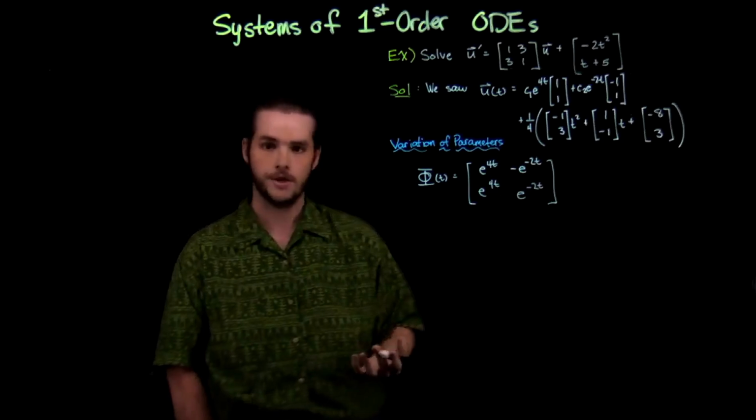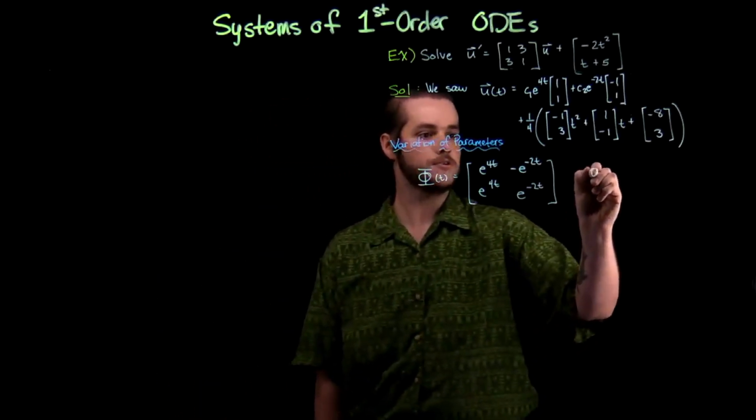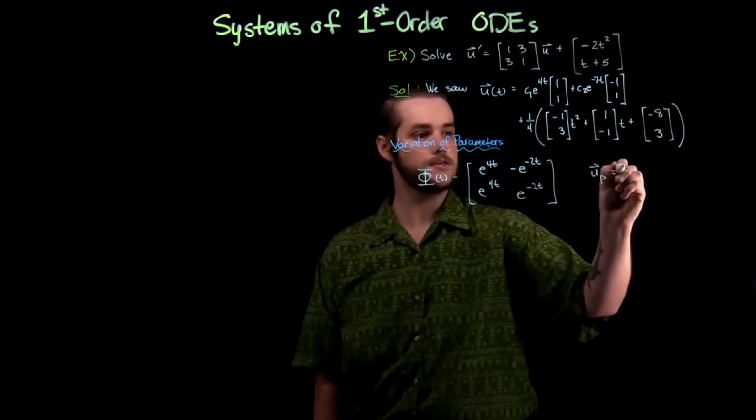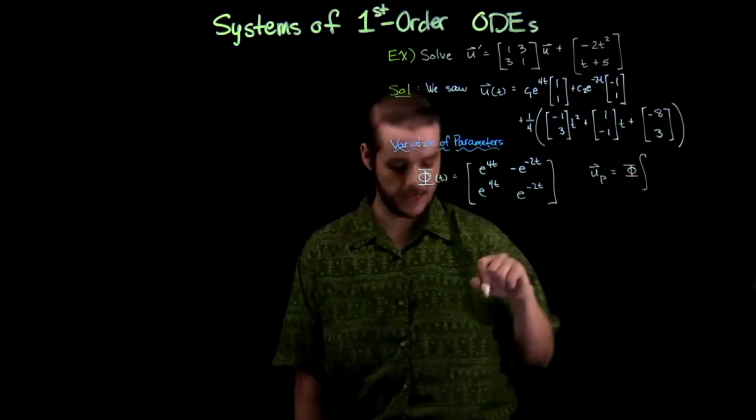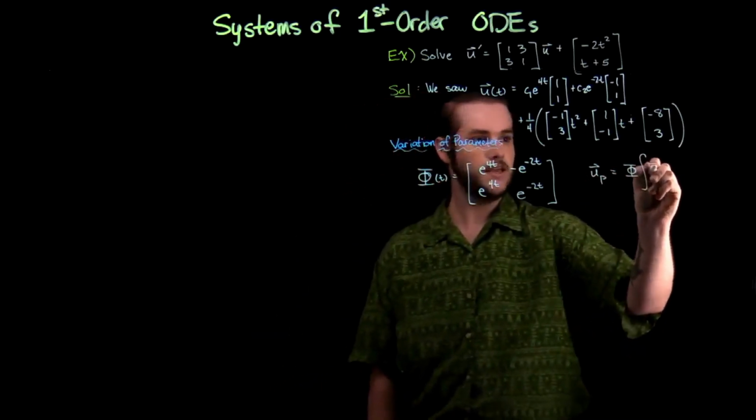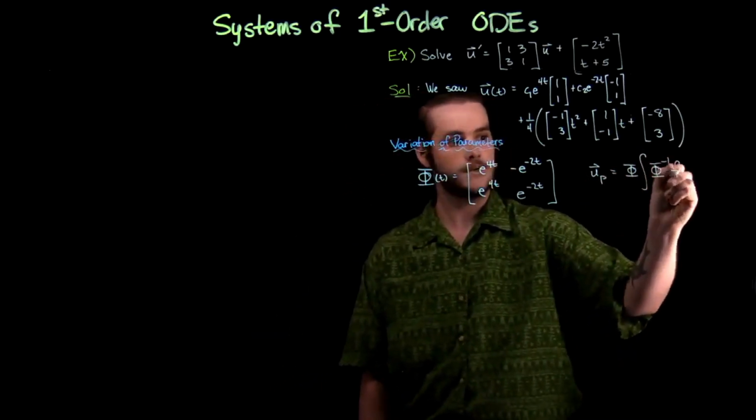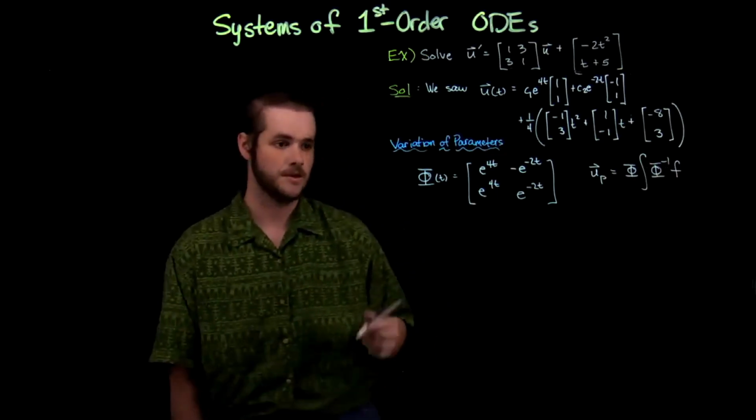And as we just saw, the particular solution is phi times the integral of phi inverse f. So let's build this up piece by piece.